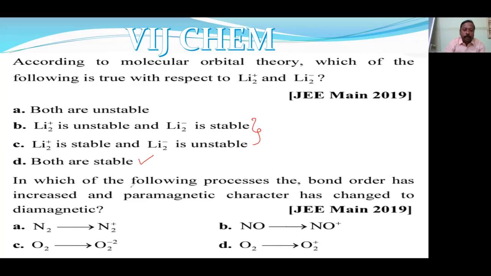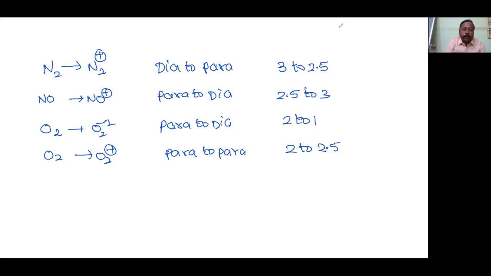Okay, now let's see the next question. In which of the following processes has the bond order increased and paramagnetic changed to diamagnetic? So everywhere you have to compare both. These are the variations: N2 to N2 plus, the magnetic behavior is changing from dia to para, and bond order is changing from 3 to 2.5.